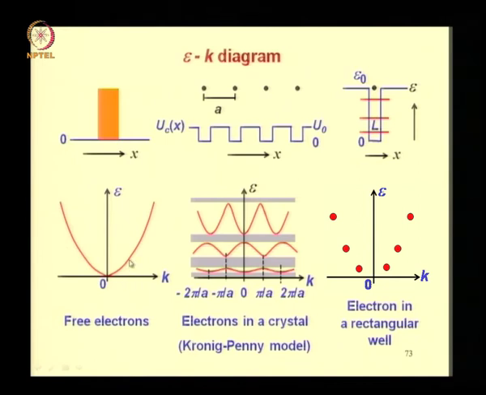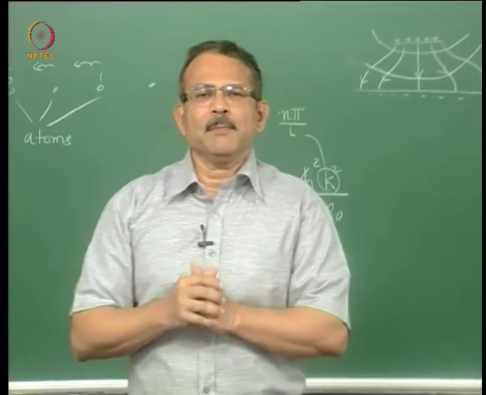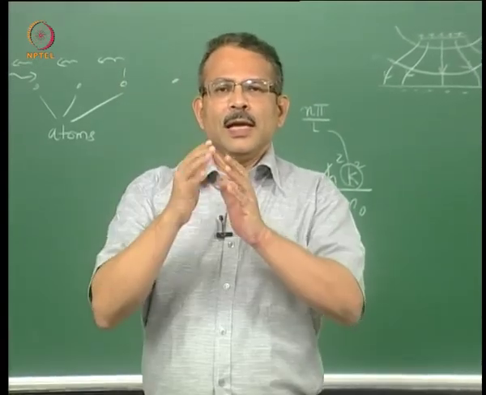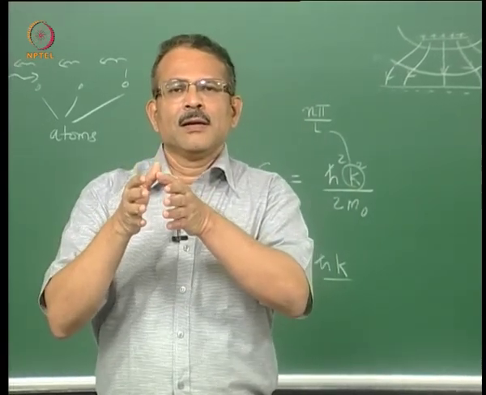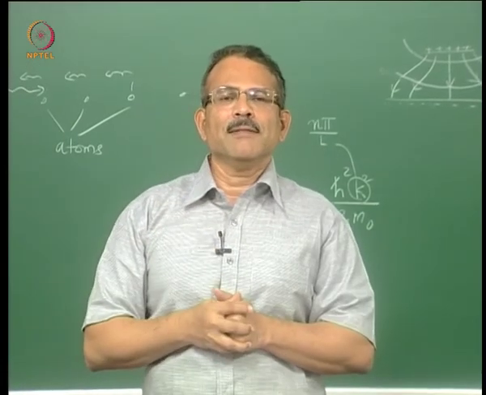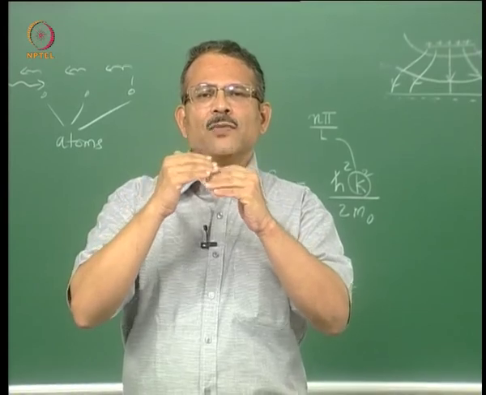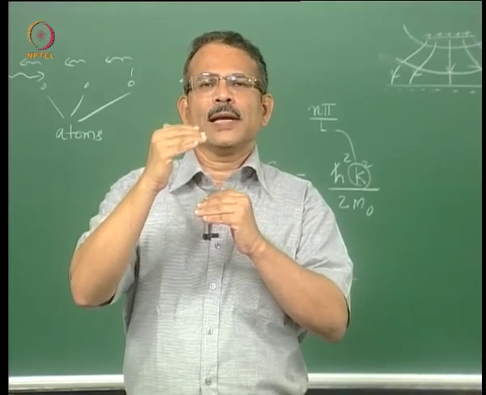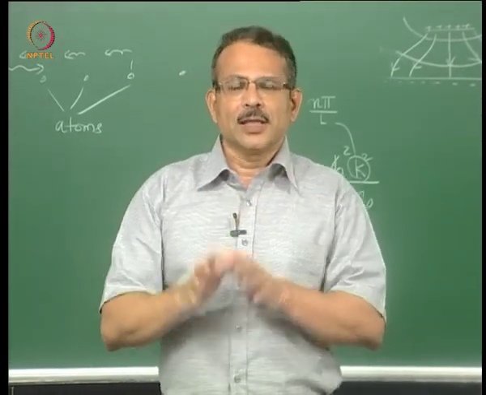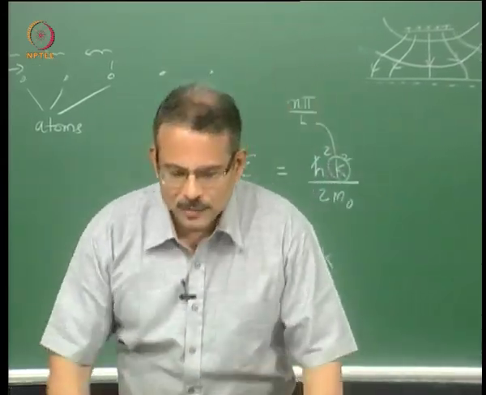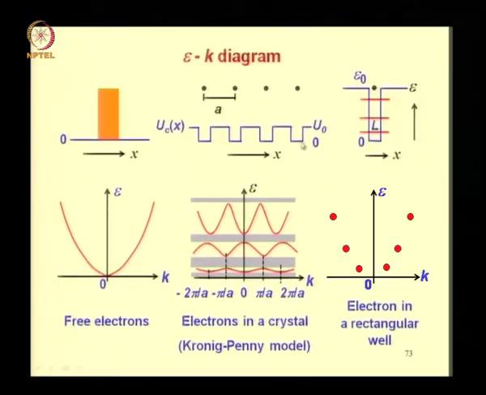But if you come here, for any given k there are multiple energies allowed. So periodicity of E versus k, E being a multi-valued function of k, and existence of alternately located allowed and forbidden energy bands. These are the features of the E-k diagram in a crystal, which we shall develop in the next class.